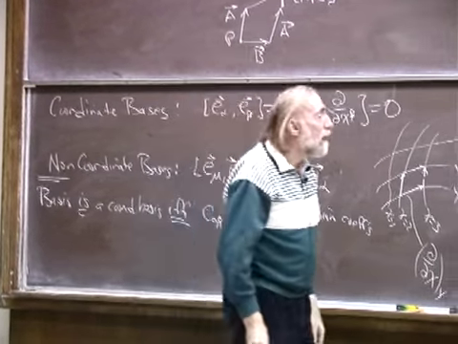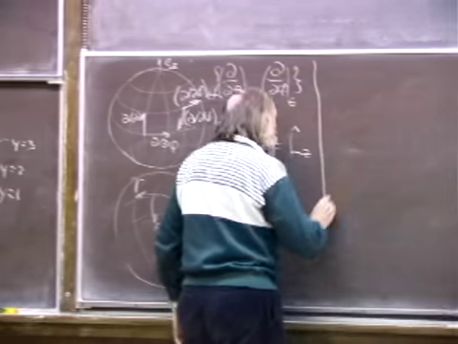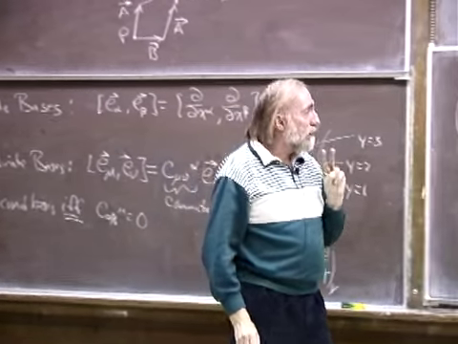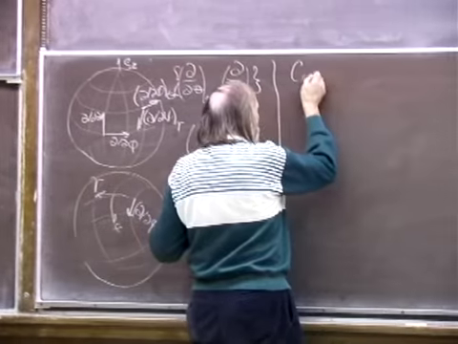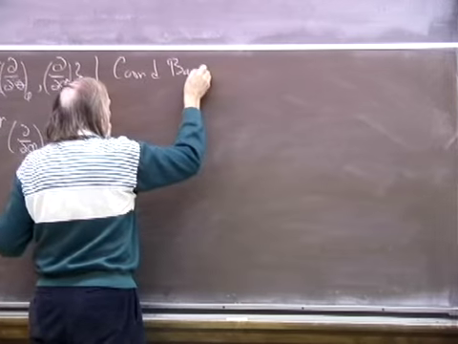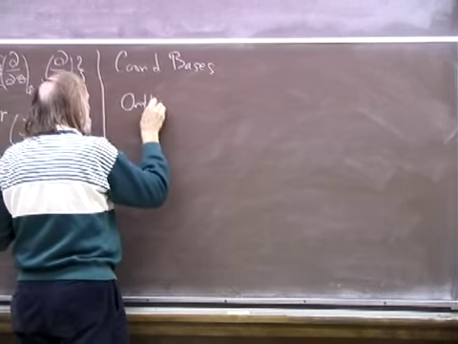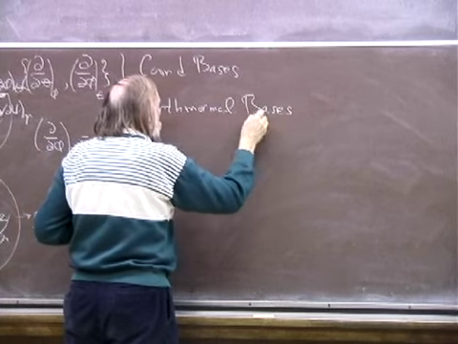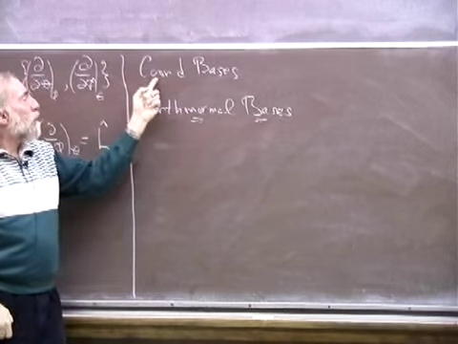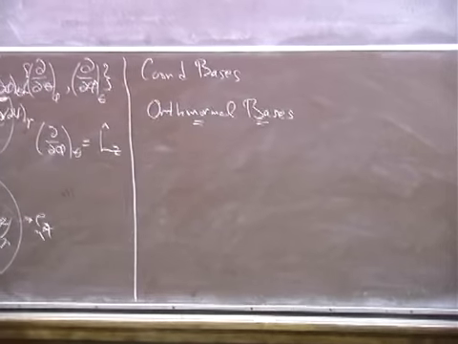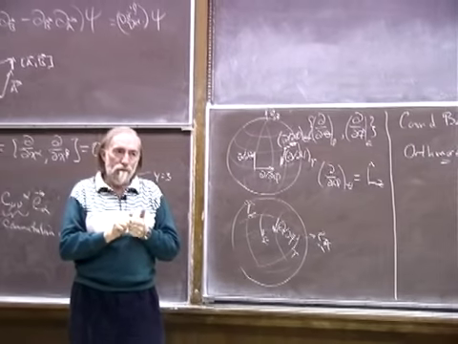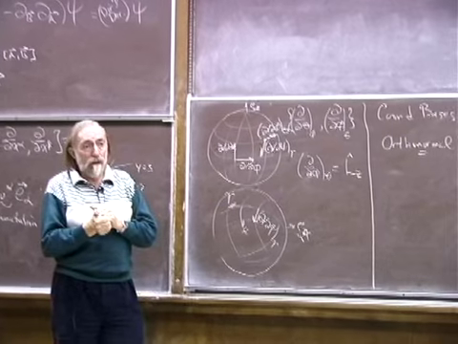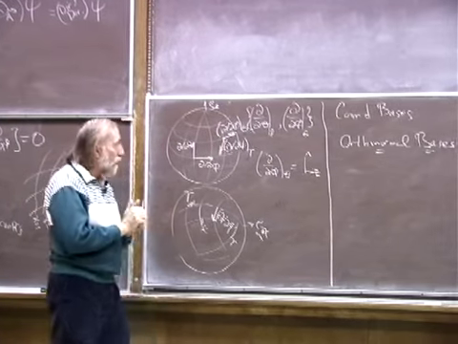Right. Okay. So in this course, we will be using two kinds of bases. We'll be using coordinate bases, and we'll be using orthonormal bases. The reason we want coordinate bases is most calculations are done most easily and most clearly in a coordinate system, and in the basis that's associated with the coordinate system.